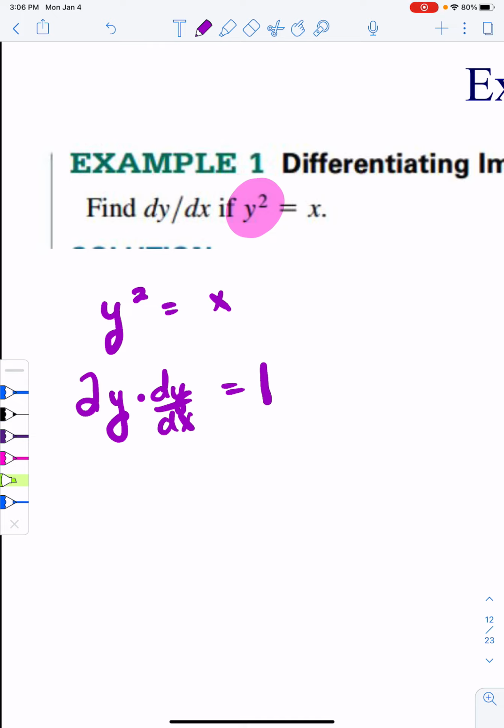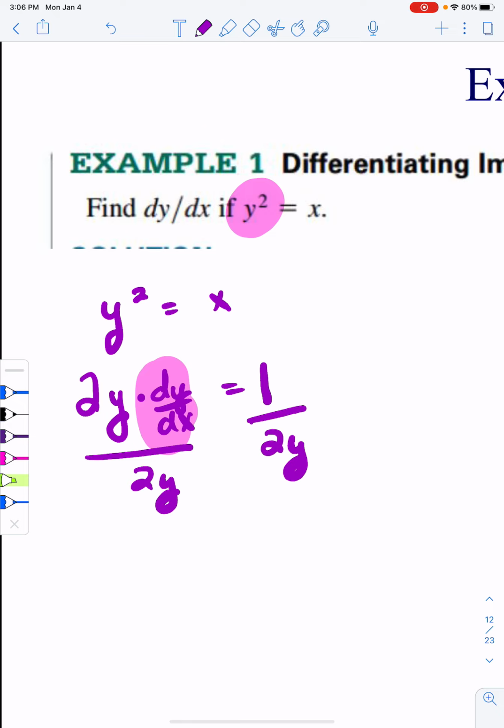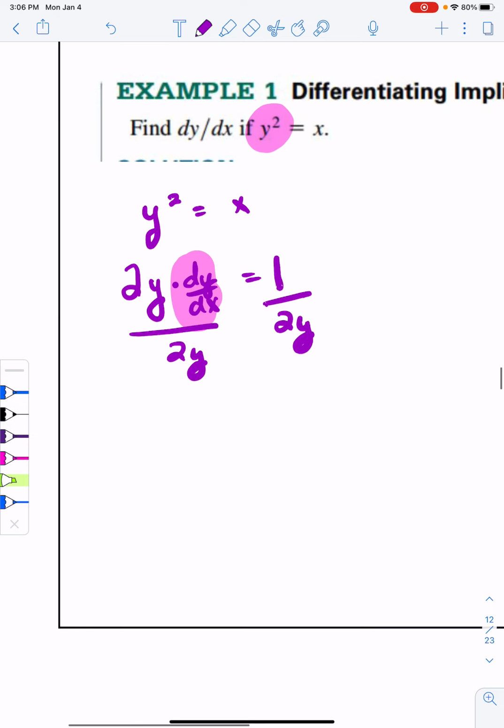So what we're going to do now is solve for dy dx. To do that, we're going to divide both sides by 2y. And so you're going to get the derivative with respect to x is equal to 1 over 2y.